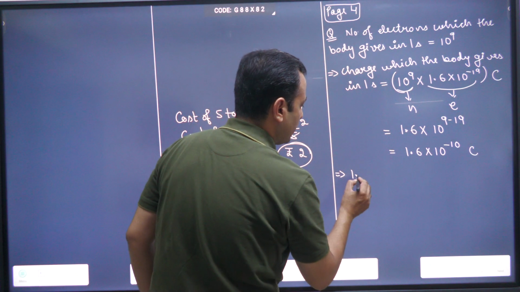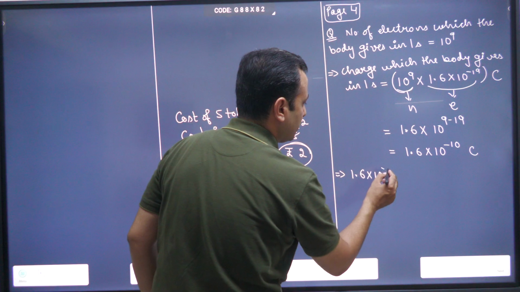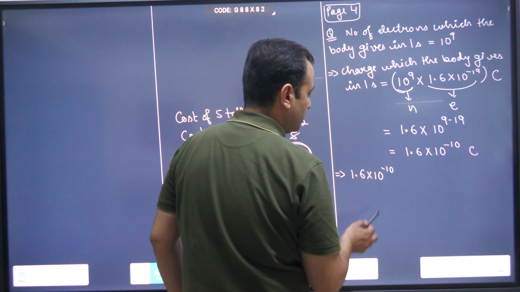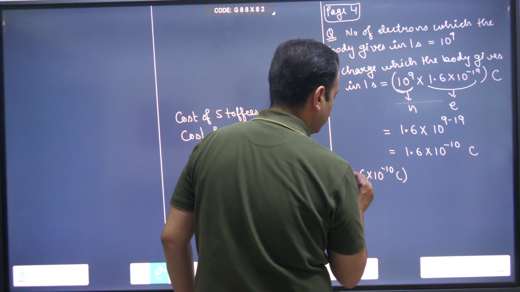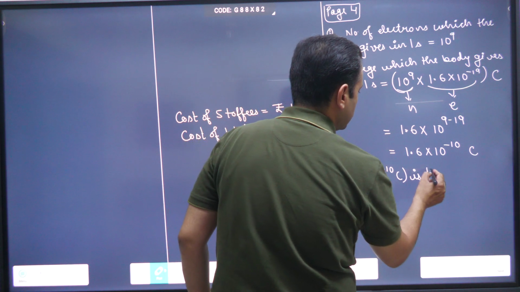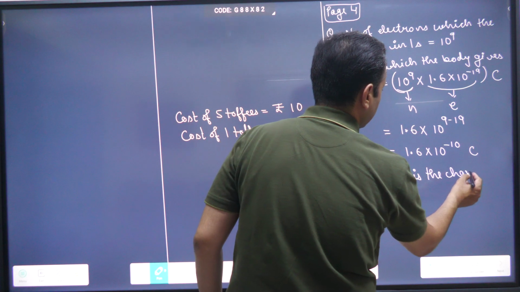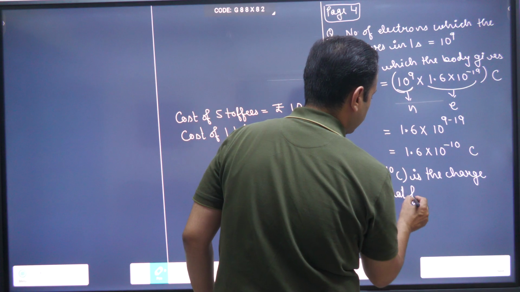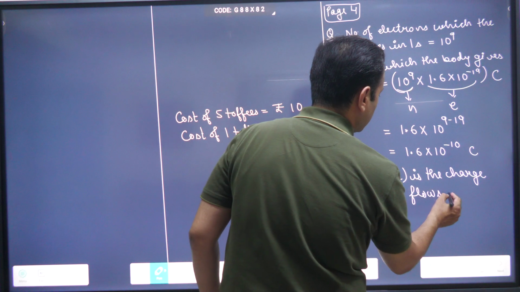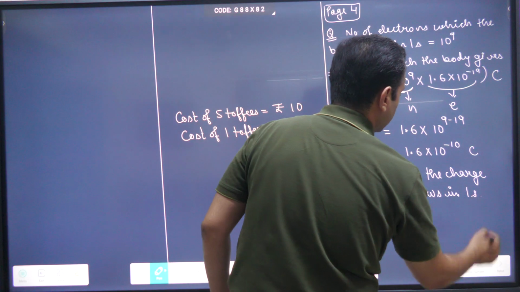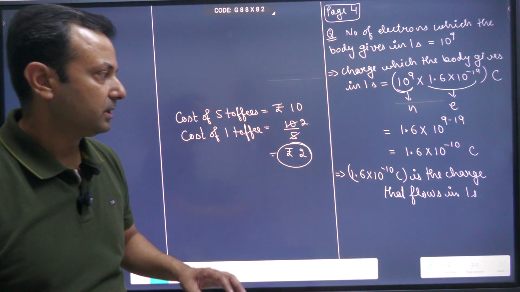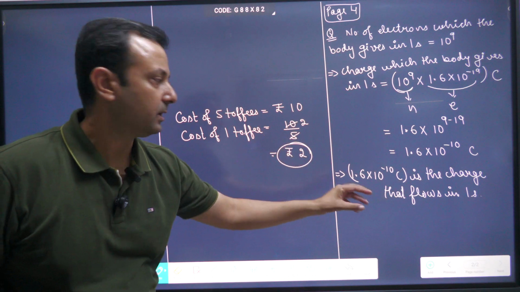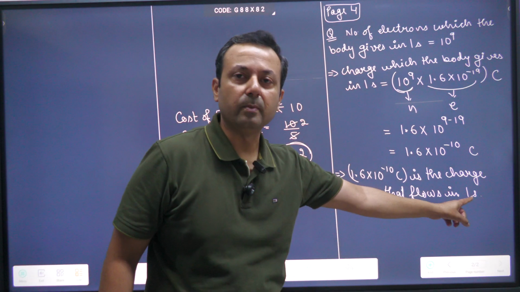We will say 1.6 into 10 to the power minus 10 coulomb is the charge that flows in 1 second. So 1 coulomb charge will flow in what? This term will go in the denominator of 1.